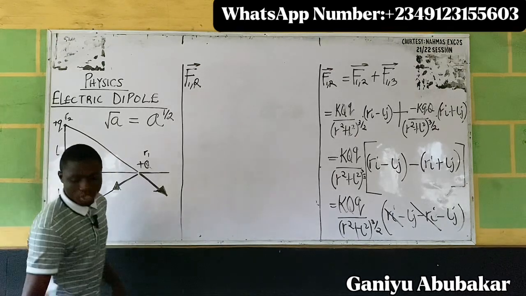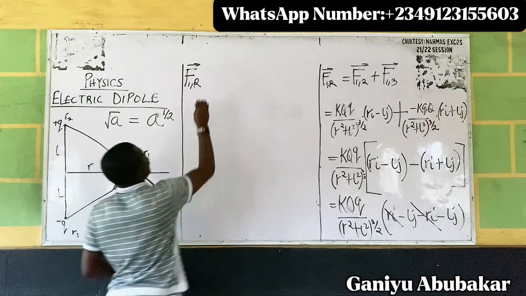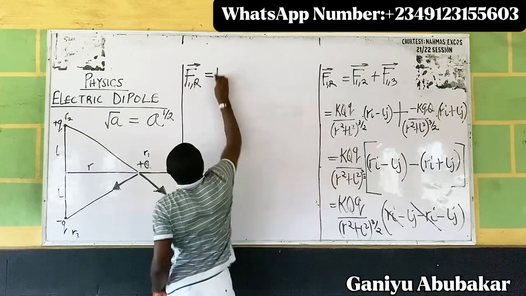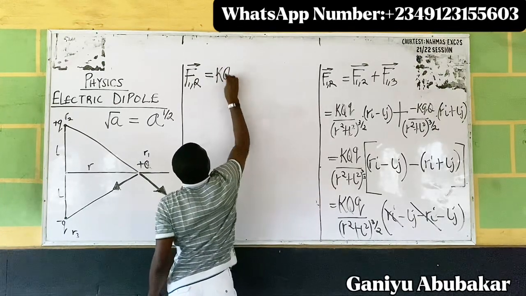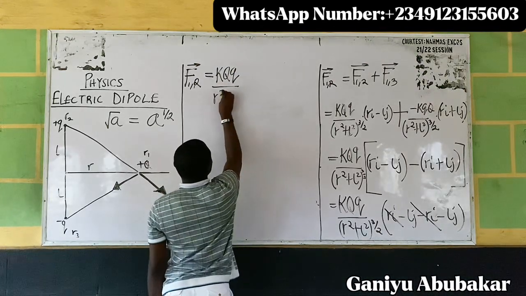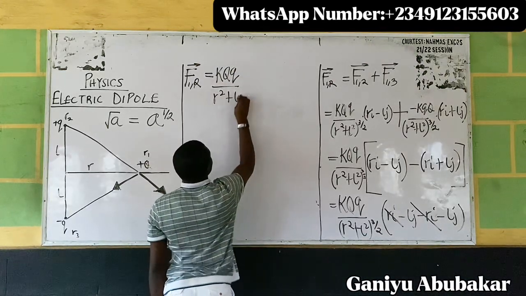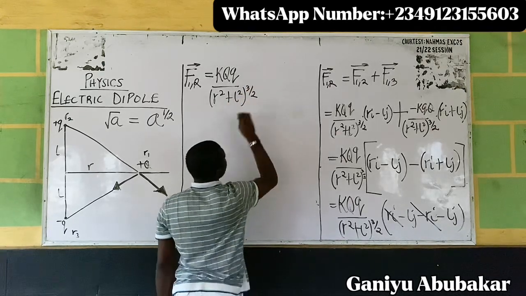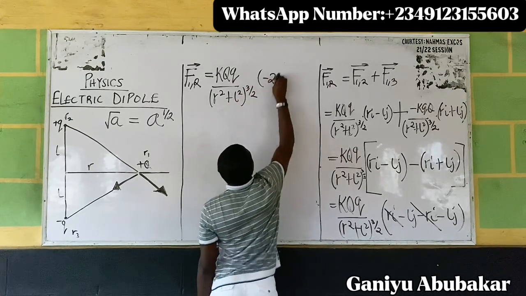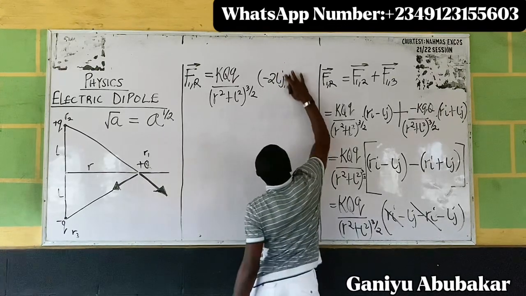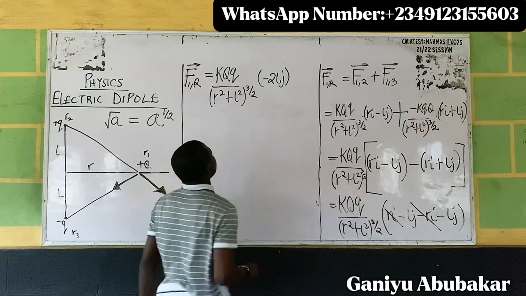So the F1 resultant now will be equal to kqq all over R squared plus L squared all to power 3 over 2 into minus 2Lj. Lj in the bracket this way. Next task please.